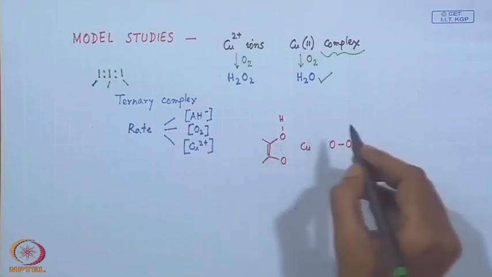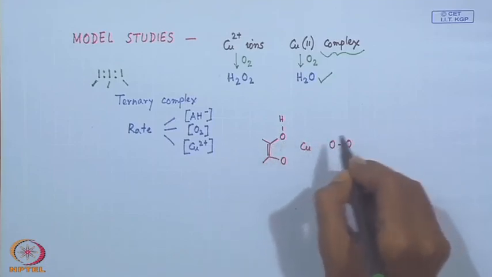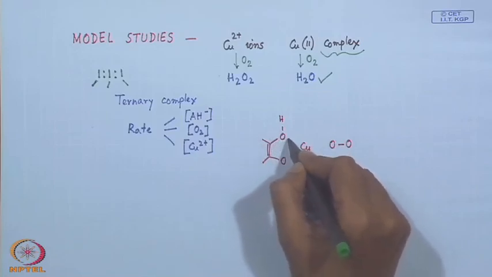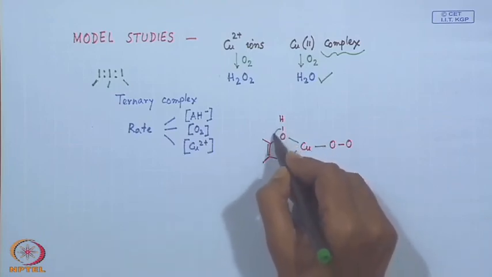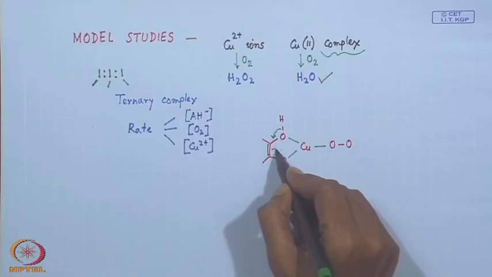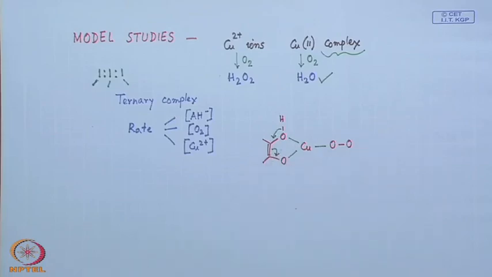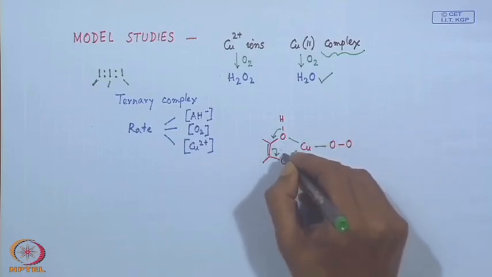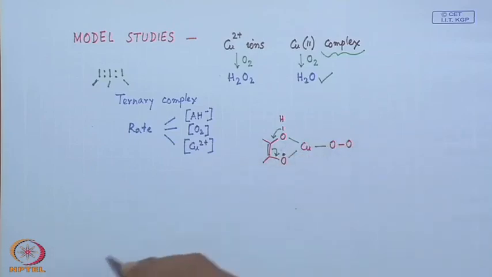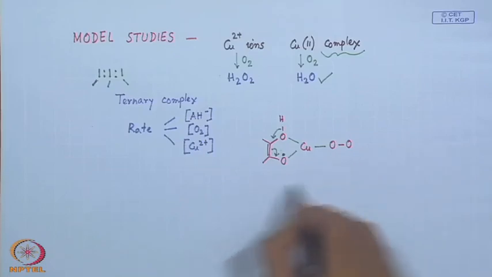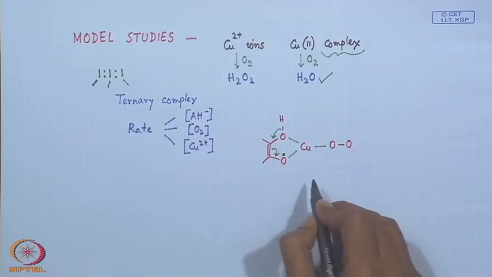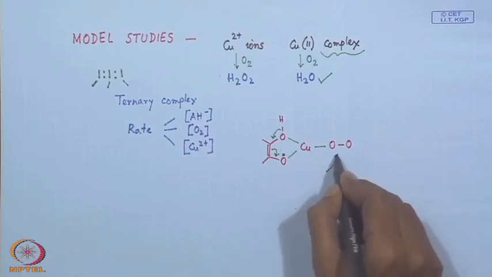When it is copper 2 plus interacting with this copper and this dioxygen, it goes to the dihydroascorbic acid formation, and you can judge the radical formation and ultimately see how the electron flow is taking place through this oxygen.